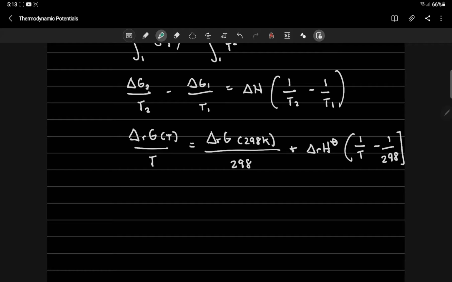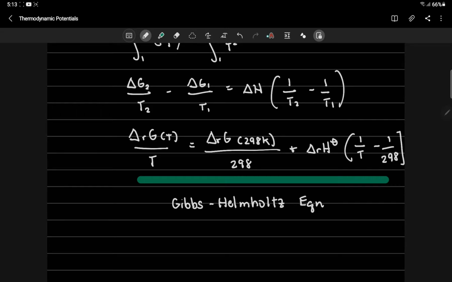This equation now, and the previous equation also, ang tawag dyan ay Gibbs-Helmholtz Equation. And this equation is very useful kasi nga malalaman natin ang delta G at different temperature.